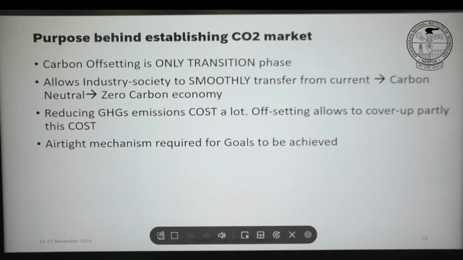Whatever you have been doing for years, in industry also, in the plant also, people say, no, I've been doing this for 20 years. So it allows industry and society to smoothly go. This knee-jerk thing we talked about, carbon neutral to zero, and reducing greenhouse gas emissions costs a lot. Offsetting allows to cover partly the costs.